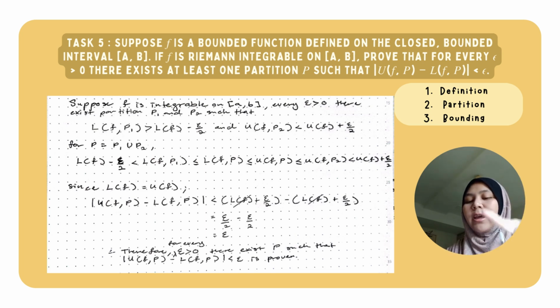So we can change it to L(f) plus epsilon over 2 minus L(f) plus epsilon over 2. After solving it, we get epsilon. So after answering this, we have proven that for every epsilon bigger than 0, there exists P such that U(f,P) minus L(f,P) is smaller than epsilon.